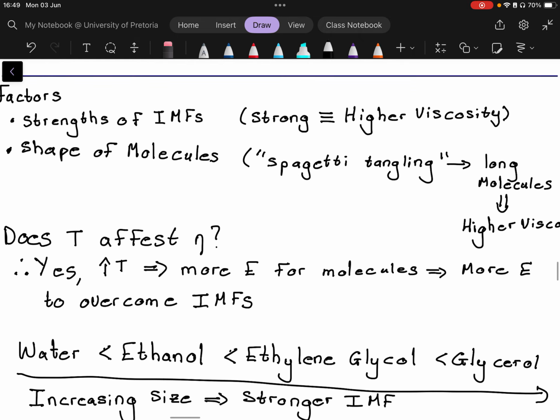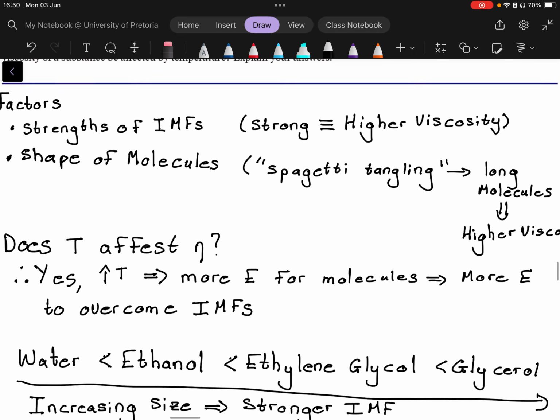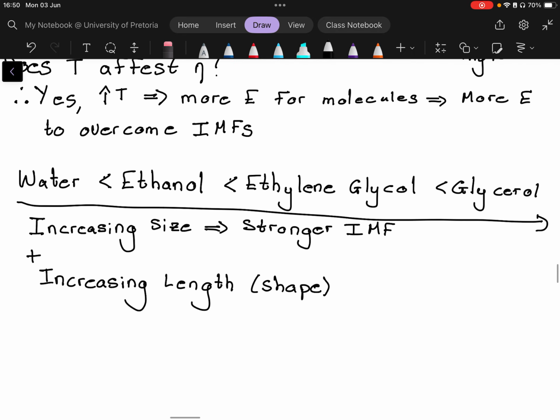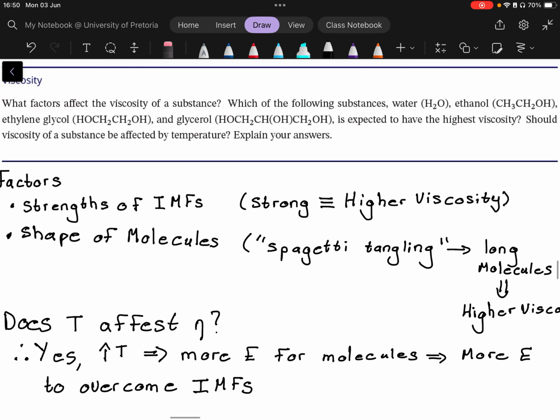At the same temperature, the strength of the intermolecular forces depends on the size, because they have the same kind of intermolecular forces but are increasing in size. So the intermolecular forces will play a bigger role in the bigger molecules. And in terms of shape, the longer ones will flow with more difficulty. Okay, so that's how we rank them.